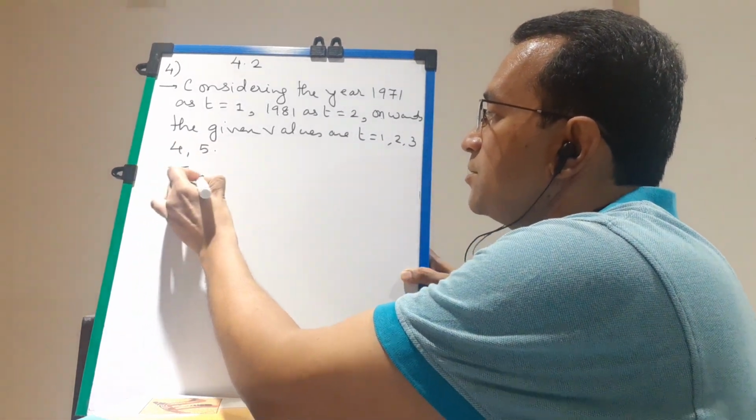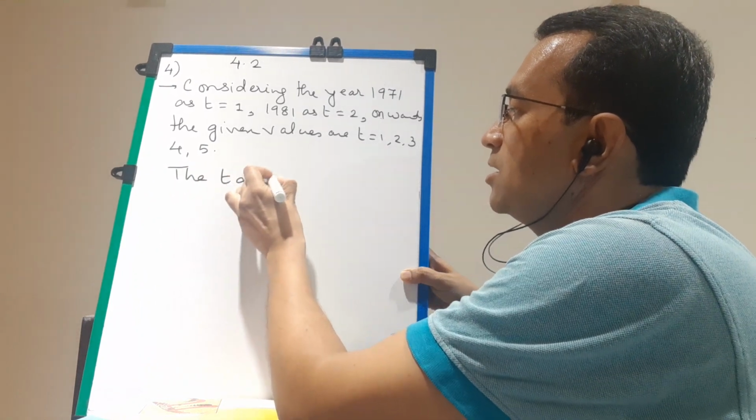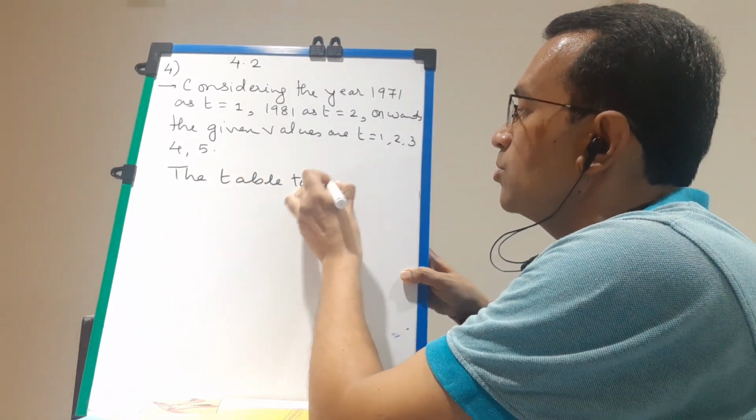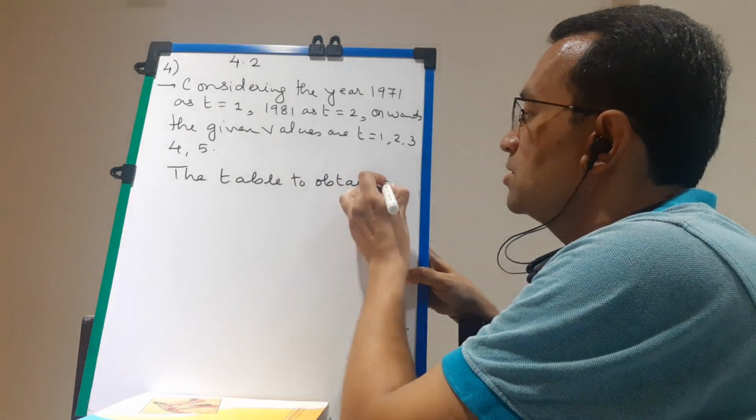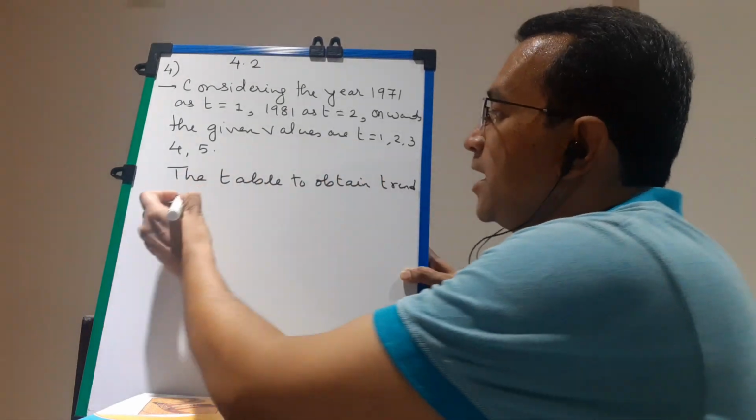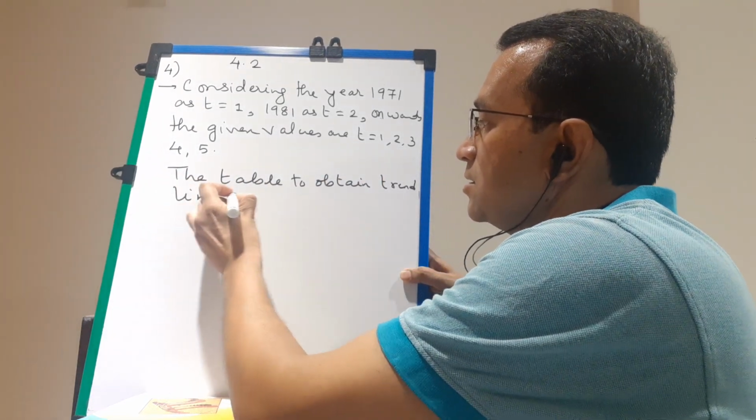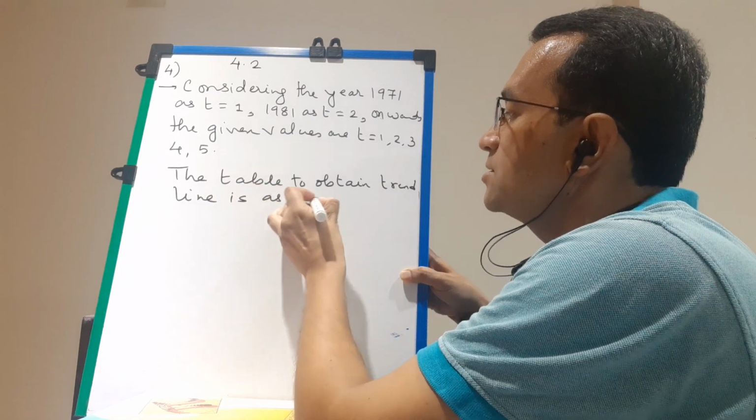The second step, the table to obtain the trend line is as below.